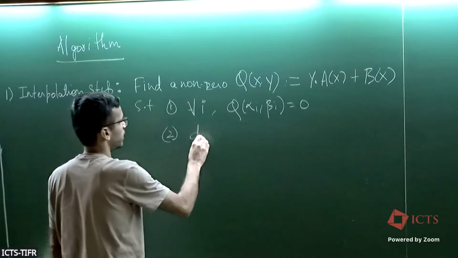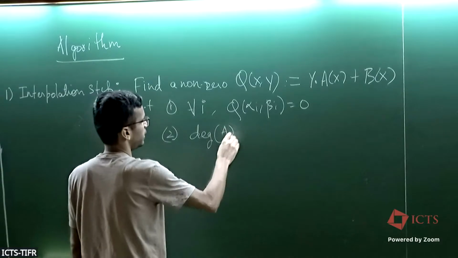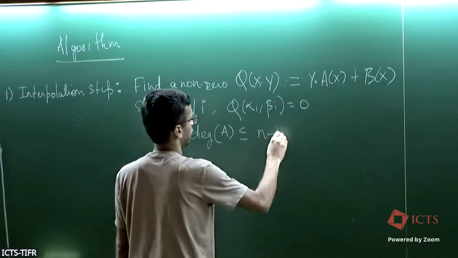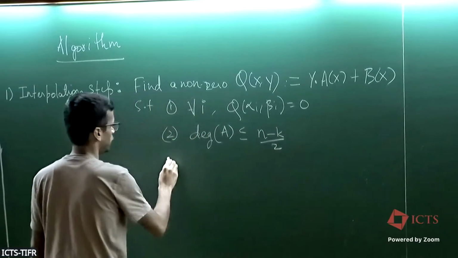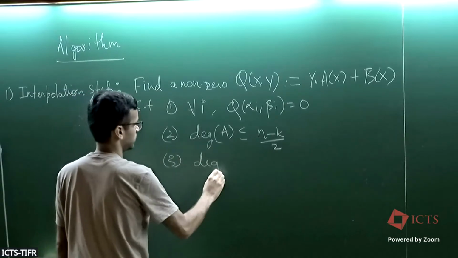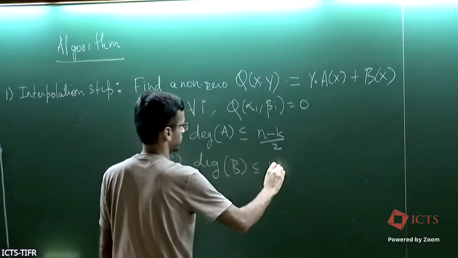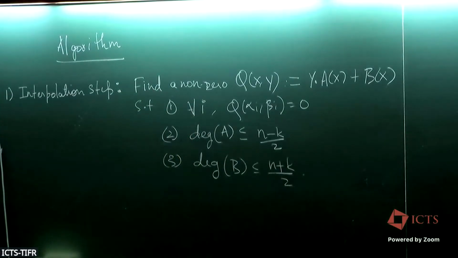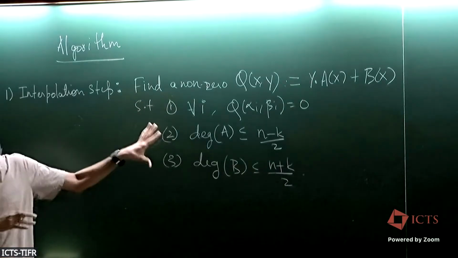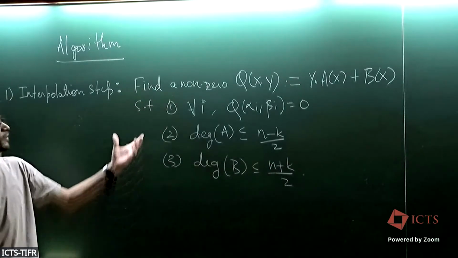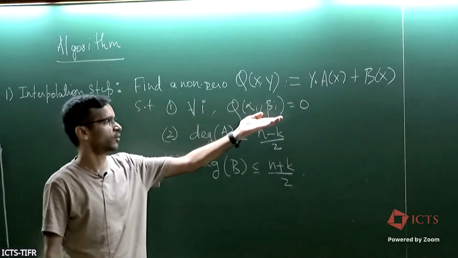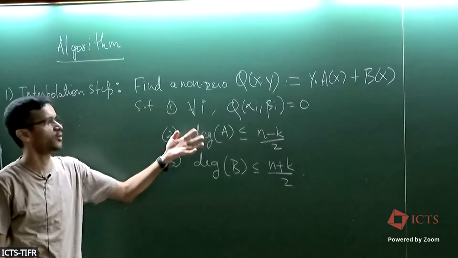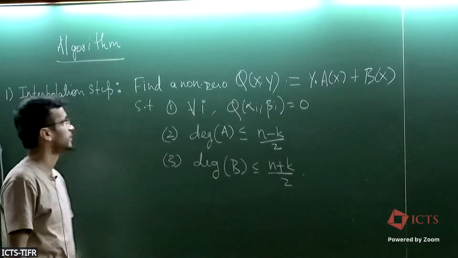So the degree of A is, let's say, less than or equal to n minus k over 2, and the degree of B is at most n plus k over 2. Okay, so that's what I mean by low degree Q in the current context. We are going to find a Q of this form that vanishes on all the 2D points that we have plotted from the received word, and the degree of A, the degree of B is at most something. Yes.